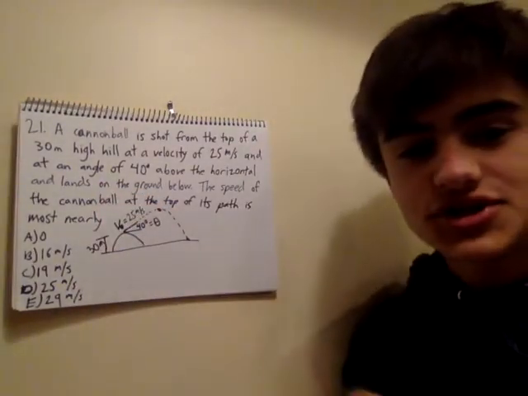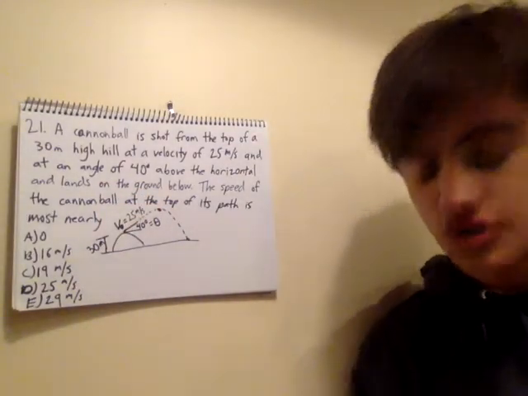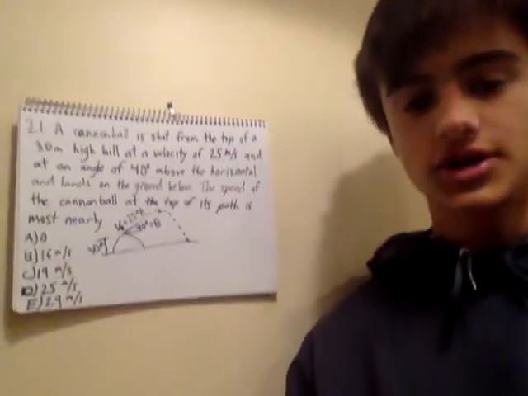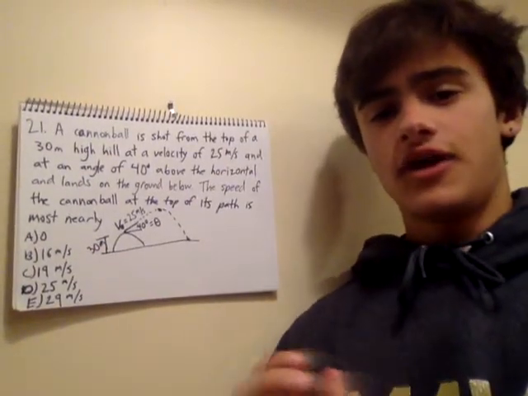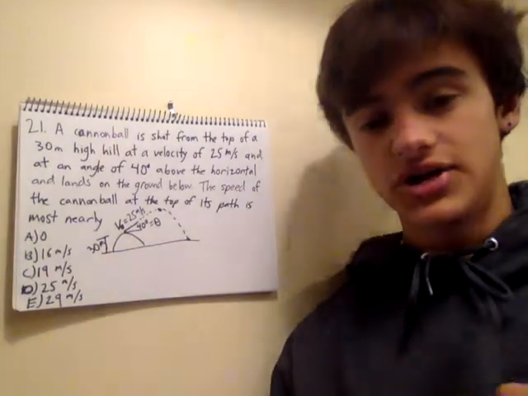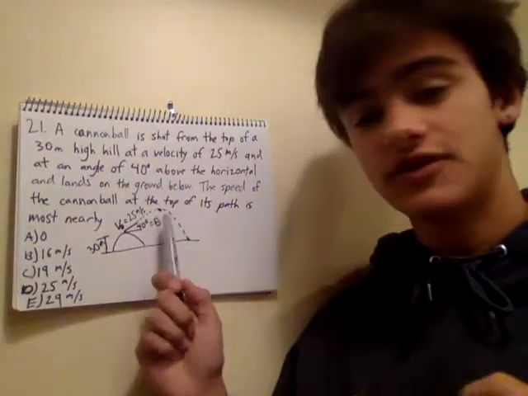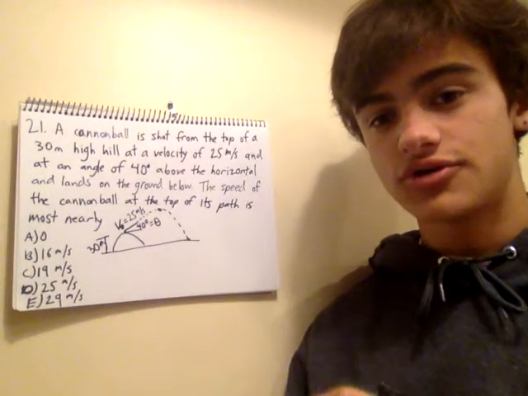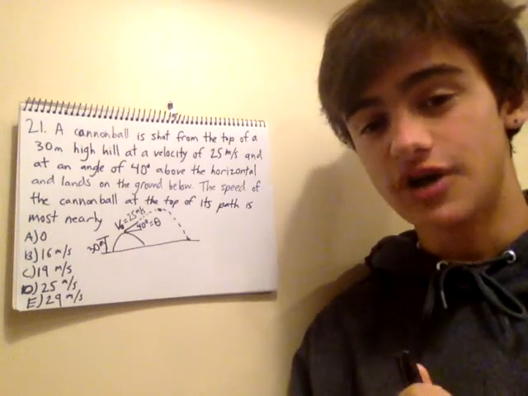And again, this touches on a theme that was in one of the earlier problems we talked about. I mentioned that the velocity in the y direction at the top of the path of a projectile going through projectile motion is going to be 0.